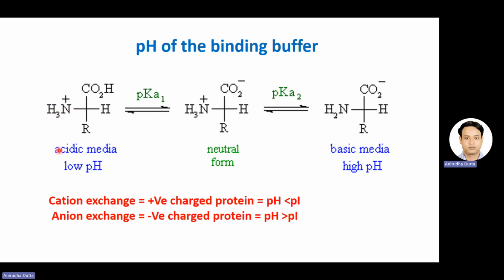So in acidic media, or pH lower than the pI, the protein would have a net positive charge. Whereas in a buffer where the pH is higher than the pI, or basic, the media is rich in OH minus ions, and it will take the proton released by the carboxylic group, as well as from the amine NH3 plus.